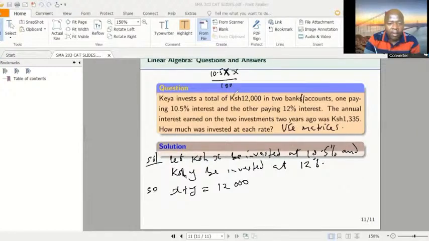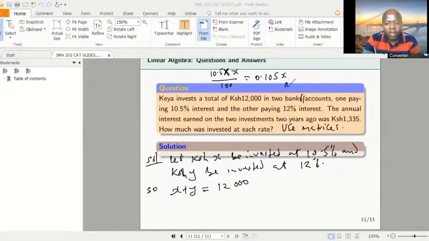It will earn 0.105X interest. And Y was deposited at the interest of 12%. So how much interest will it earn?